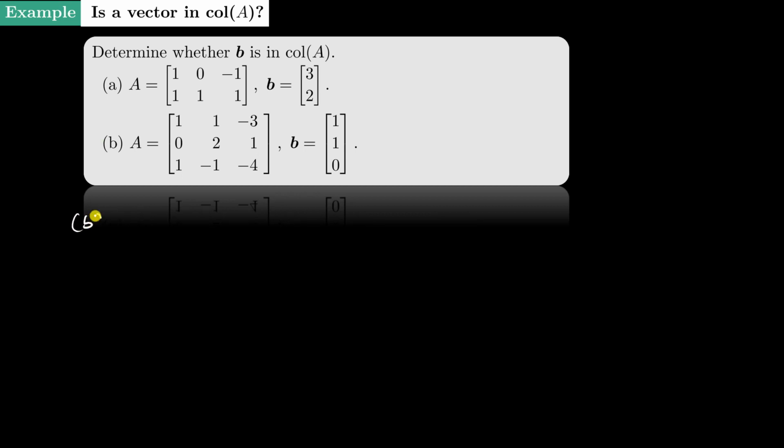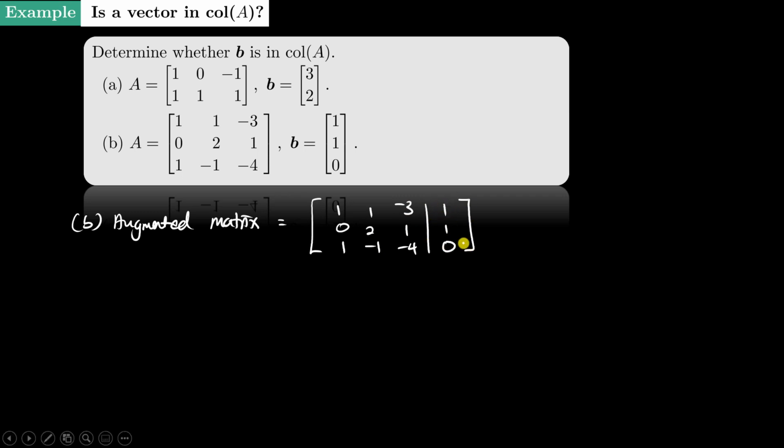For part b, the augmented matrix is equal to 1, 0, 1, 1, 2, minus 1, minus 3, 1, minus 4, augmented by this column 1, 1, 0.